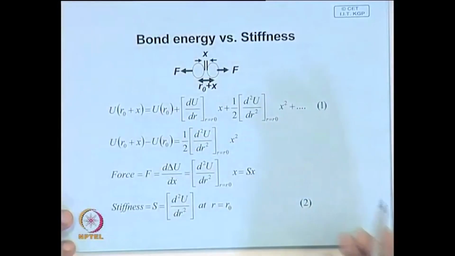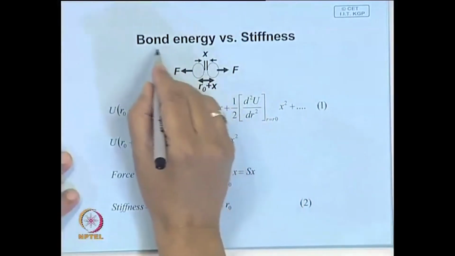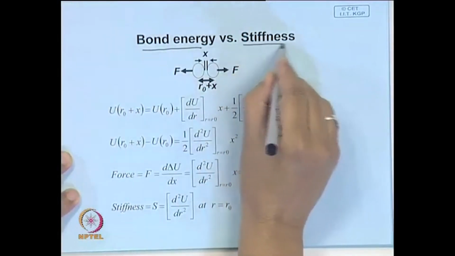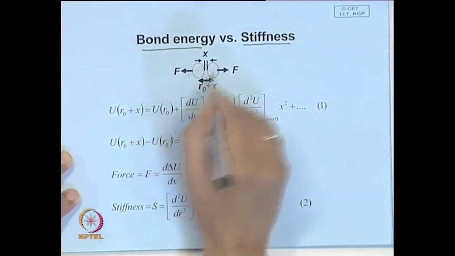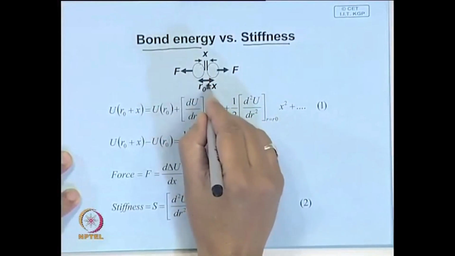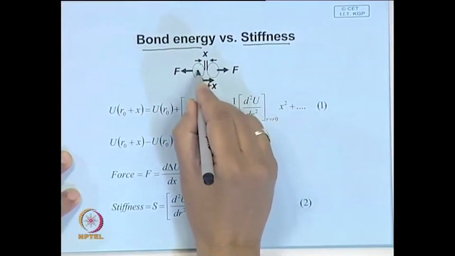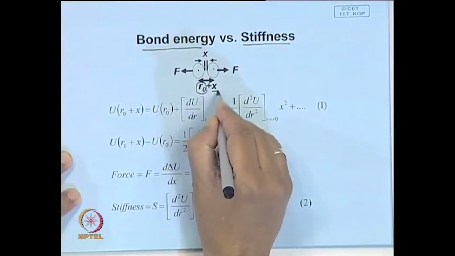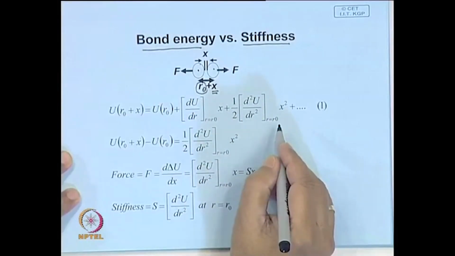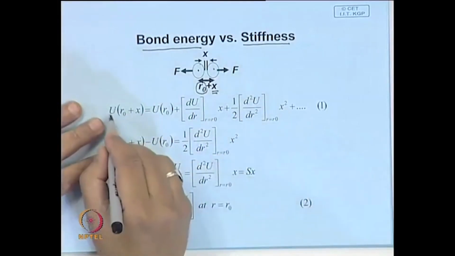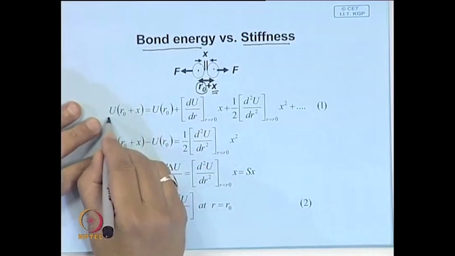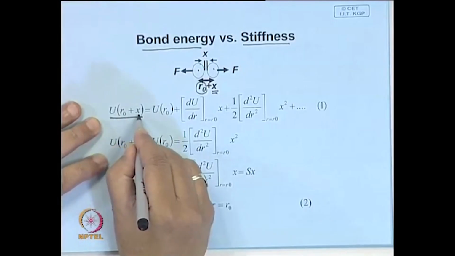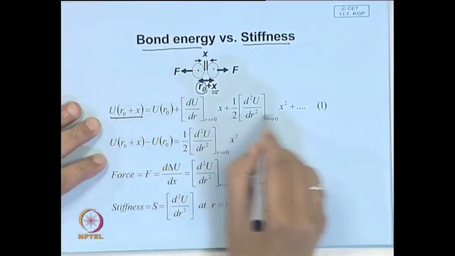Now, to find out the relationship between bond energy and stiffness, you imagine that you have two atoms which are nearby, with equilibrium distance r naught between them. You try to displace it by a small distance x, and then the value of that energy u near r naught, that means at r naught plus x, can be given by a Taylor series.